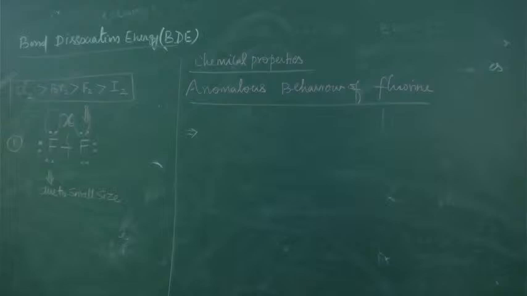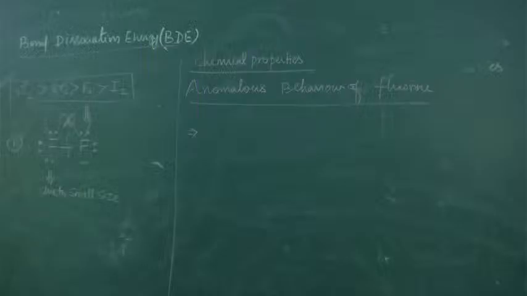Among the halogens, which one is the strongest oxidizing agent? F2, Cl2, Br2, I2. F2 is the strongest oxidizing agent among the entire electrochemical series.